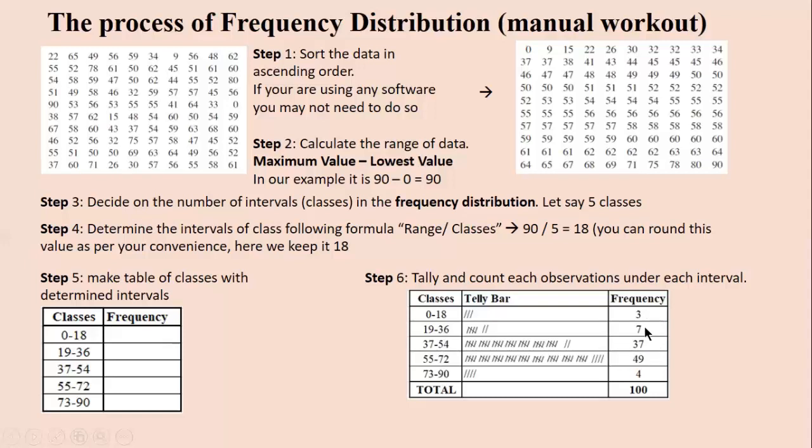And if we add these frequencies, we should get the total of this column equal to the total observations in the series. So this is a simple practice of frequency distribution.